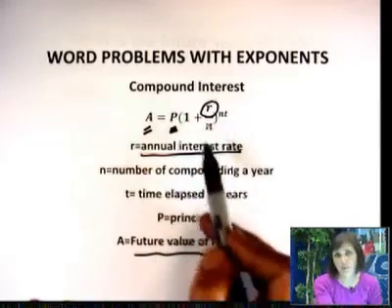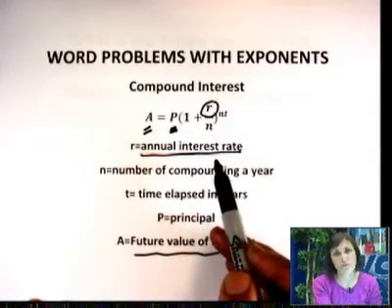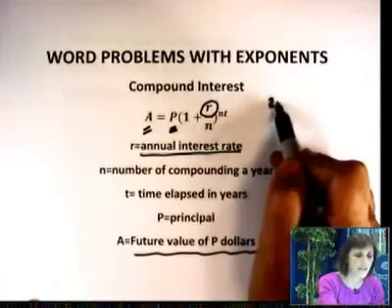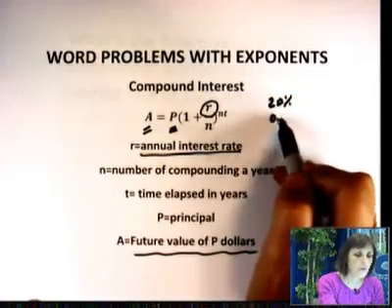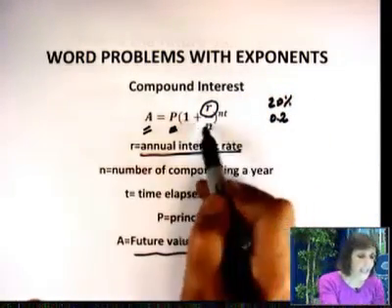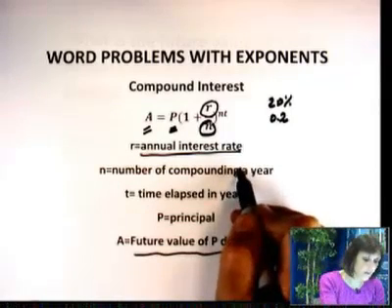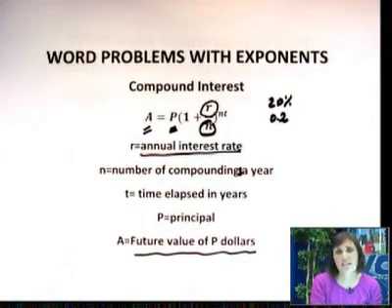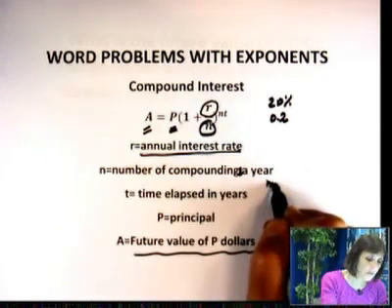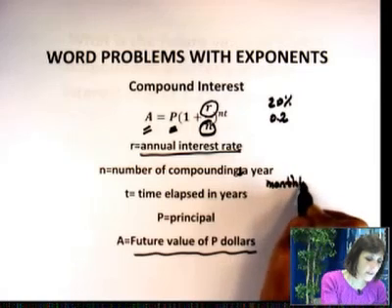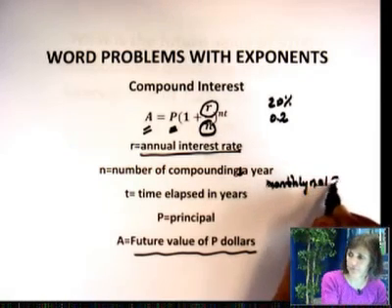Okay? In this particular formula, you have to put it in decimal form. For example, 20% is going to be 0.2. Okay? n is the number of compoundings a year. So if they say your account is compounding monthly, n is 12. So for monthly, n is 12.